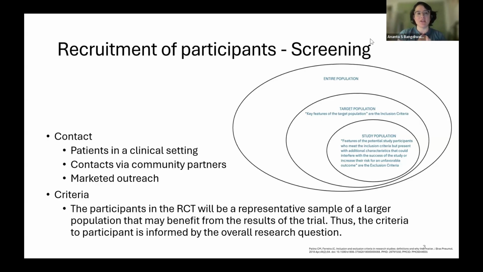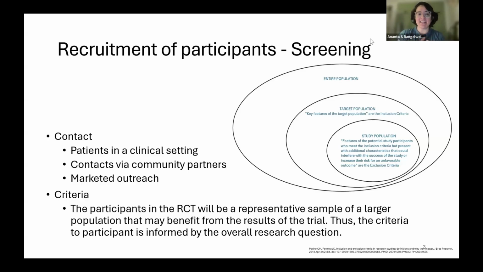Many RCTs are conducted in the clinical setting. But my COVID hydroxychloroquine trial example from yesterday was marketed outreach. We basically blasted a link all over Twitter saying please take this survey, screen yourselves for this trial. So the first thing is making contact.